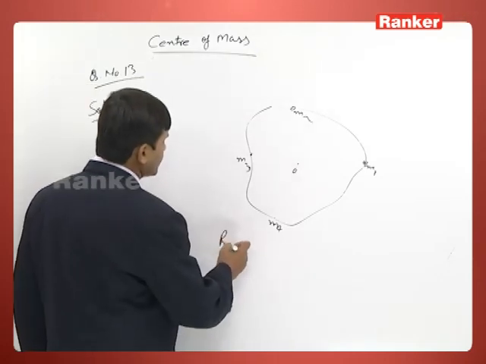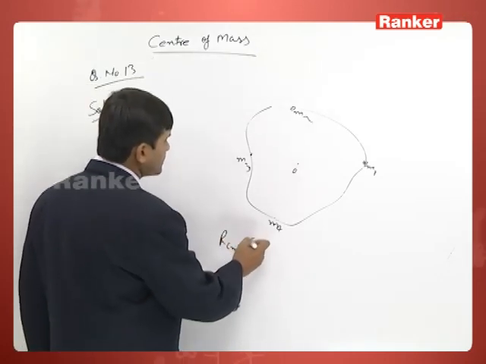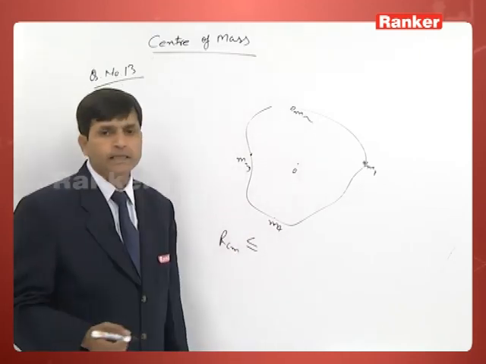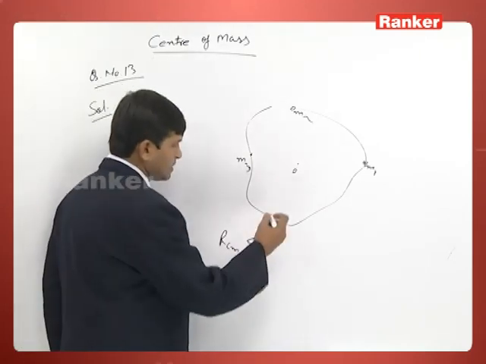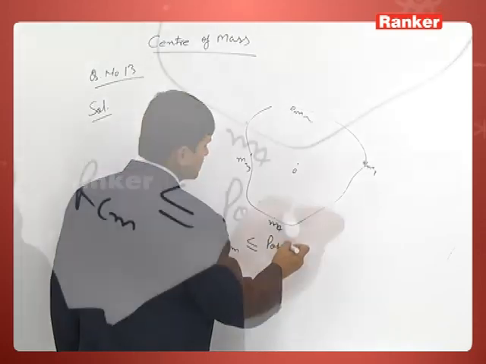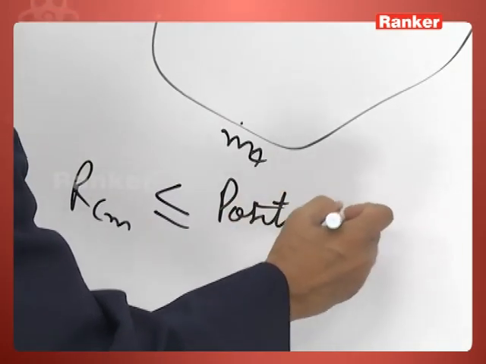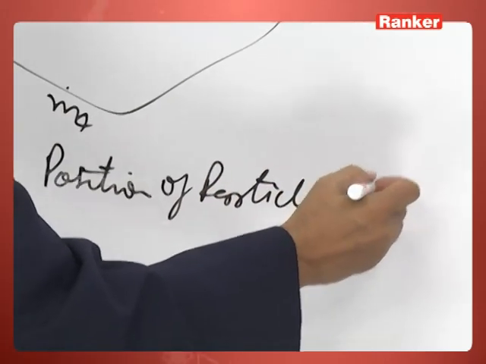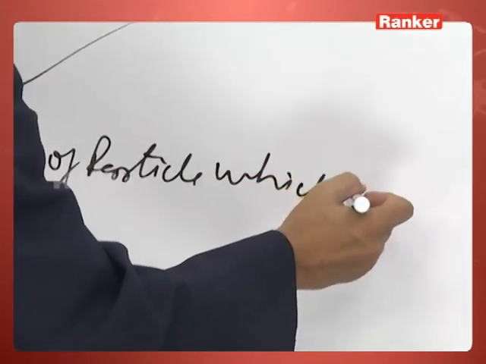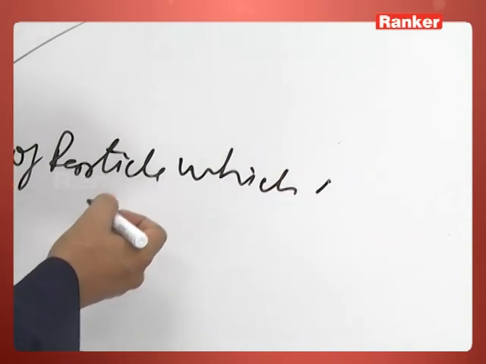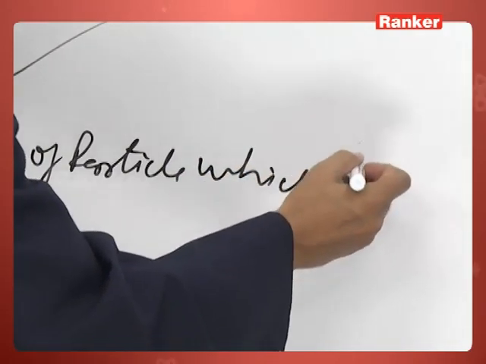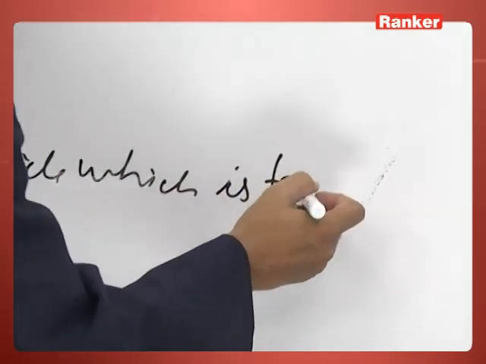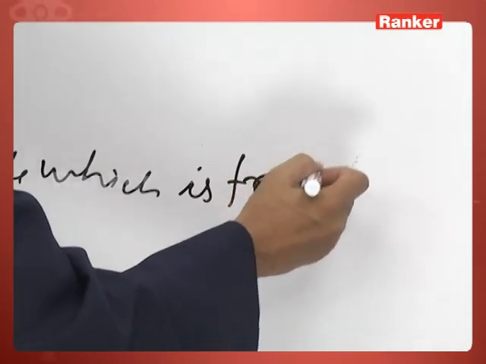So R_CM is always less than or equal to the position of the particle which is at the farthest distance from a fixed point.